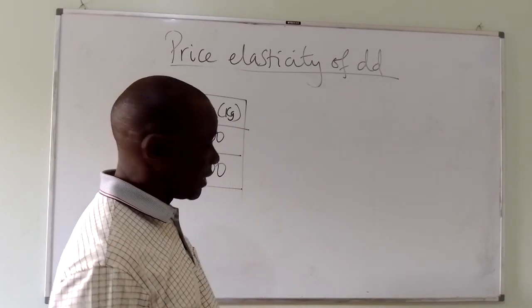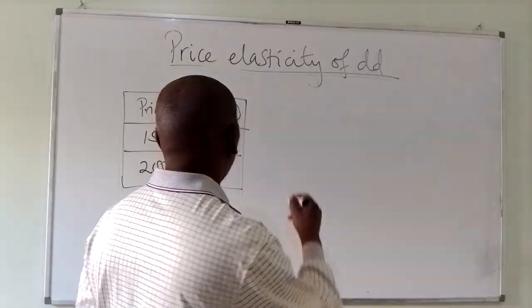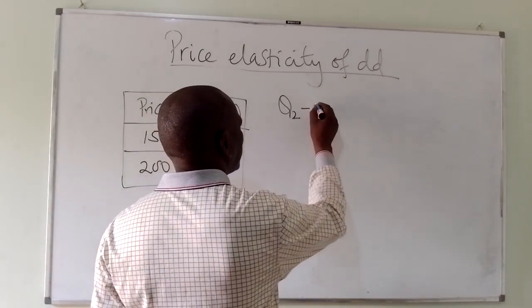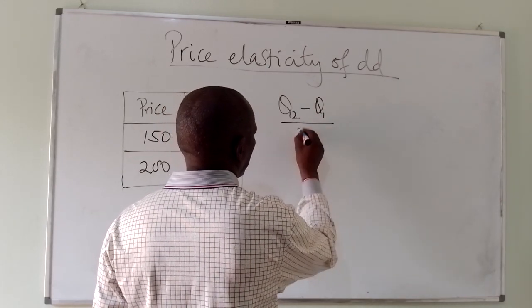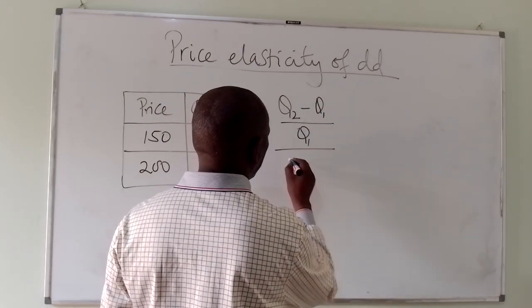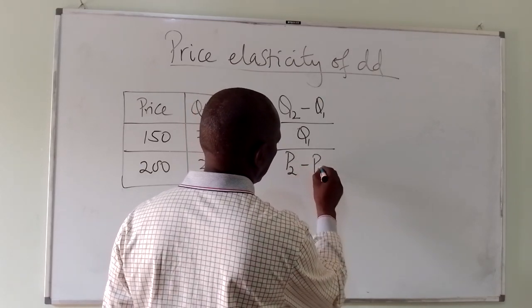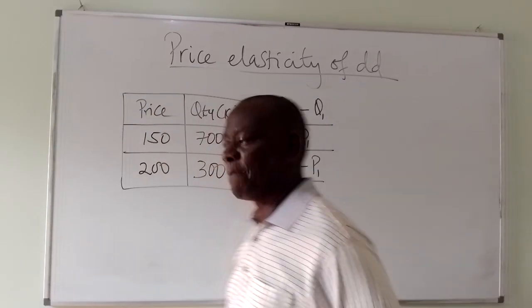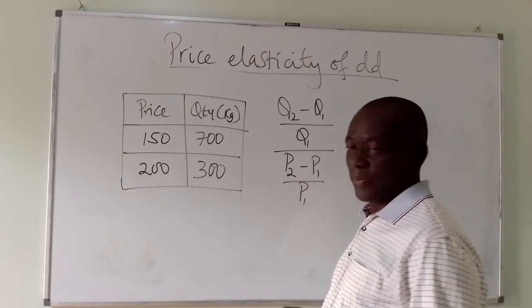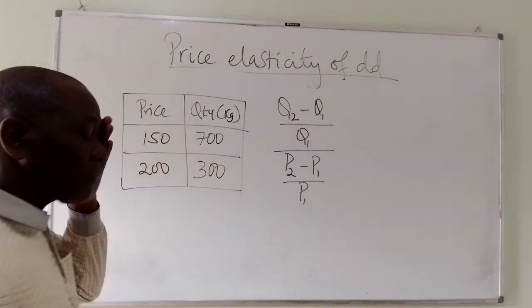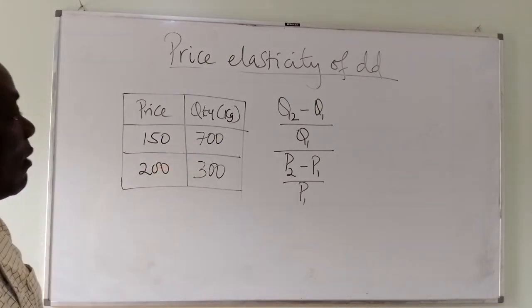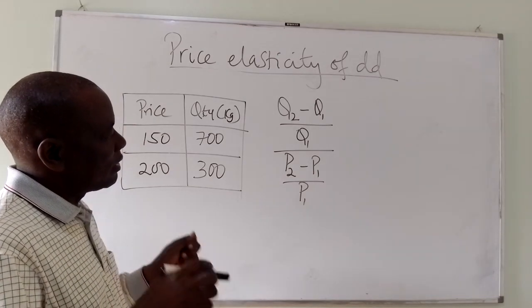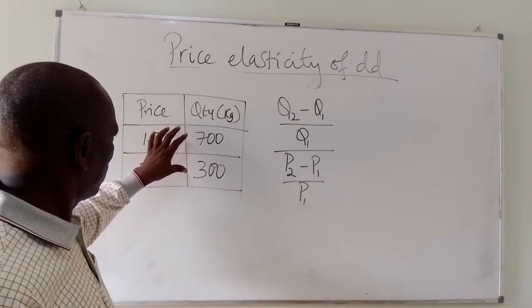We go back to the formula which we have to use. The percentage change in quantity demanded as a result of the percentage change in price. So we are calculating this price elasticity of demand using our formula. We are going to take it in the simplest way, and we substitute as we look at the figures.